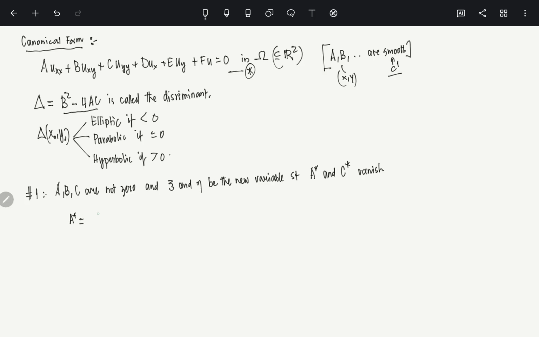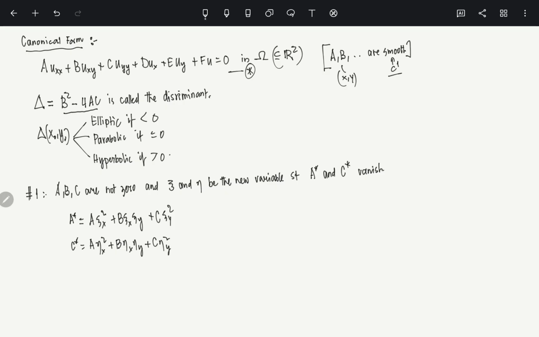A star is nothing but a xi_x squared plus b xi_x xi_y plus c xi_y squared. And c star is exactly the same thing, but in terms of eta: a eta_x squared plus b eta_x eta_y plus c eta_y squared.